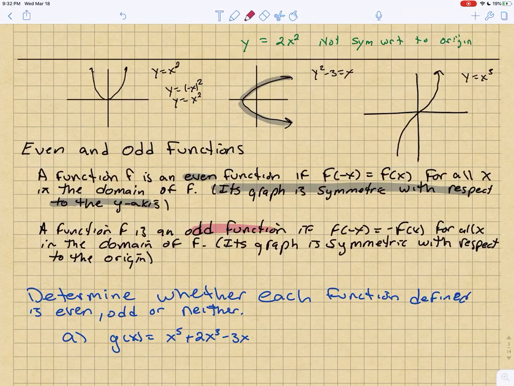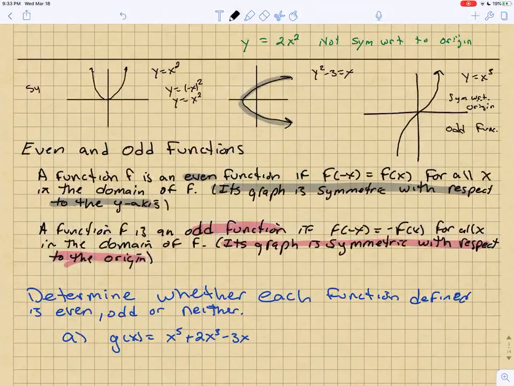The function f is an odd function if f of minus x is equal to the opposite of f of x for all x in the domain of f, and by the way, it's symmetric with respect to the origin. So not only is this symmetric with respect to the origin, it's an odd function.